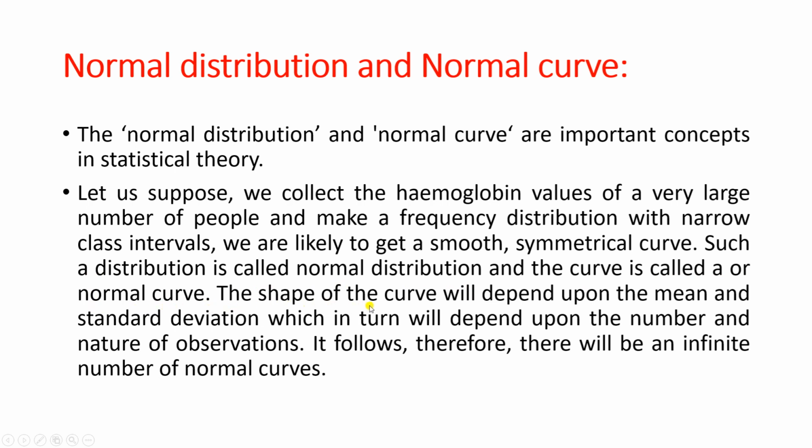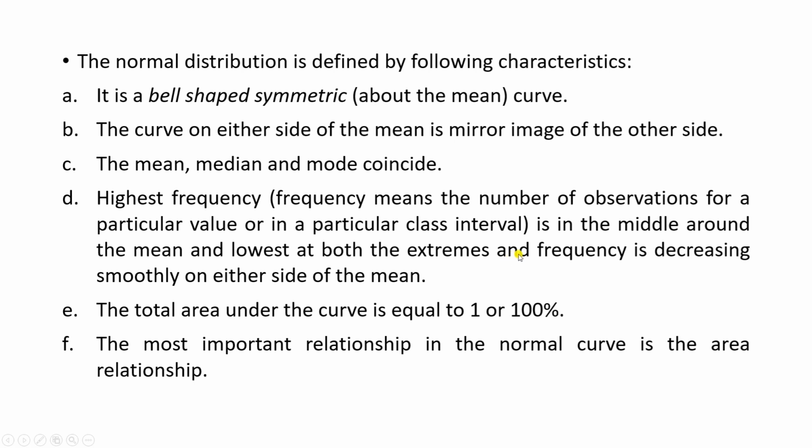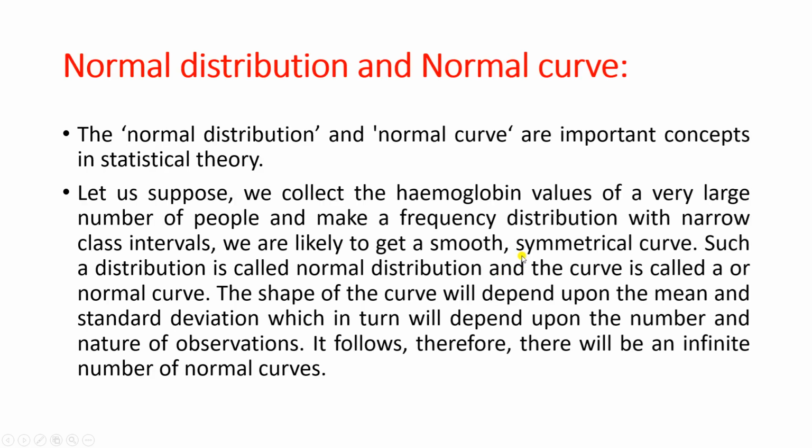The shape of the curve will depend upon the mean and the standard deviation, which in turn will depend upon the number and the nature of observations. I will show you the curve later.